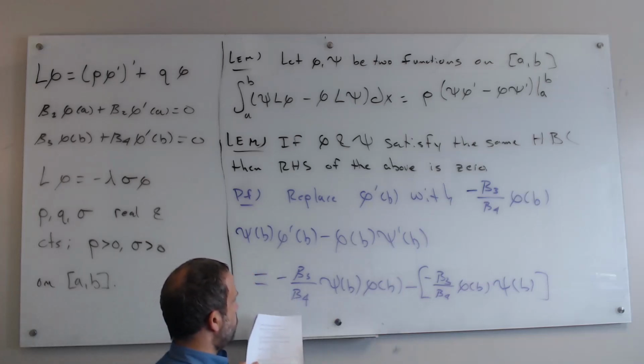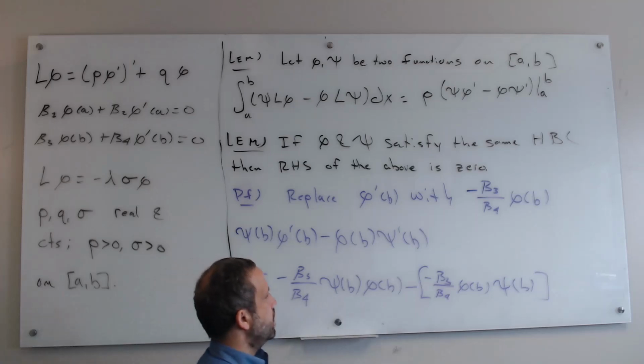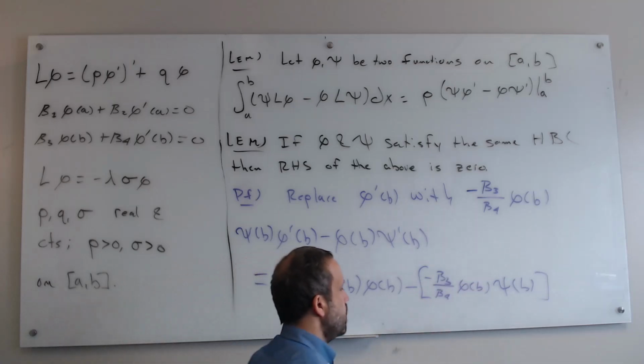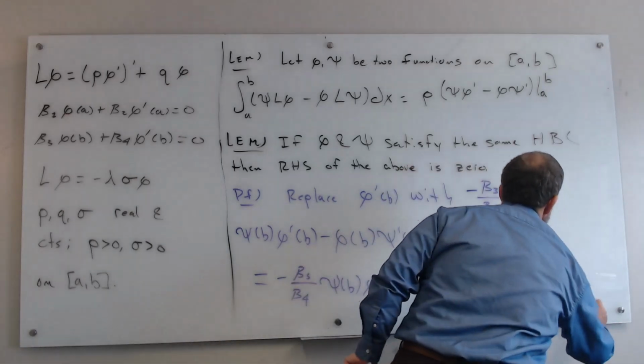Minus beta 3 over beta 4 psi of B phi of B. Over here, minus beta 3 over beta 4 phi of B psi of B. So this is equal to 0.